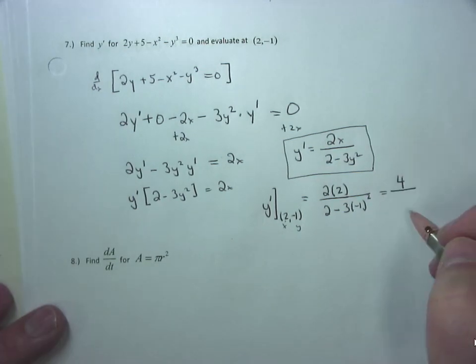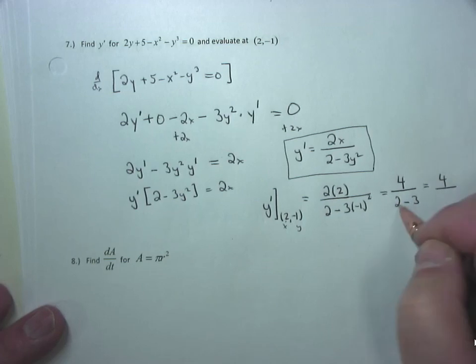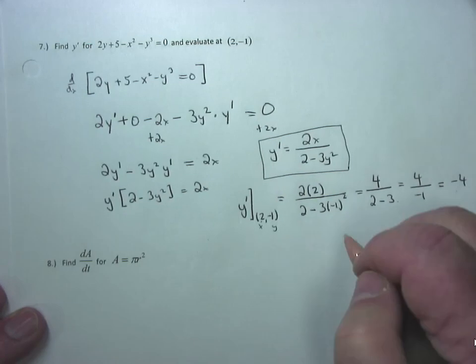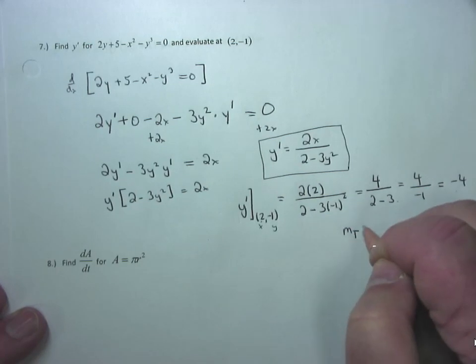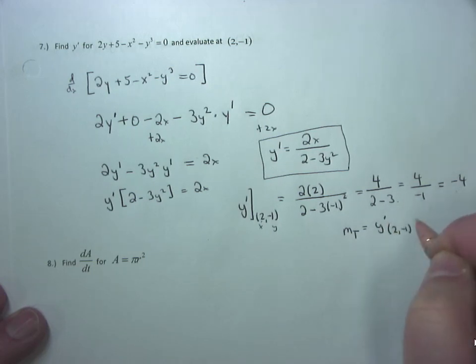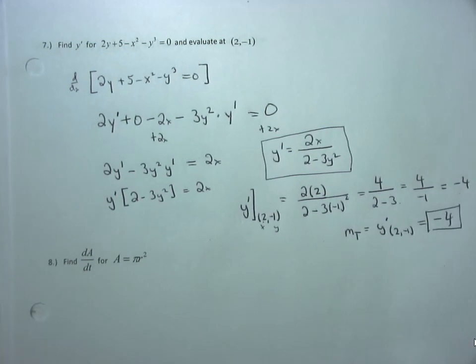Divided by 2 minus negative 1 squared is 1 times 3 is 3. And so that's 4 divided by 2 minus 3, which is negative 1. So the answer is negative 4. In other words, the slope of the tangent line, which is your derivative evaluated at the point 2, negative 1, is actually equal to negative 4. Does that make sense?